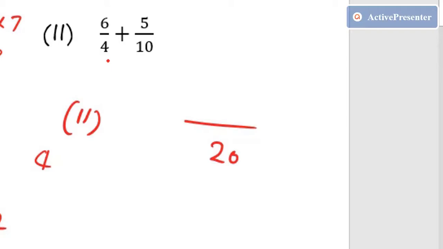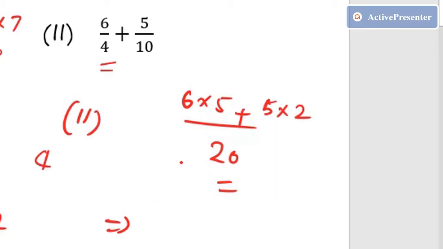Okay, so if 4 comes 5 times, it makes 20. In other words, 4 5s are 20, so multiply 6 with 5, plus 10 2s are 20, then multiply 5 into 2.